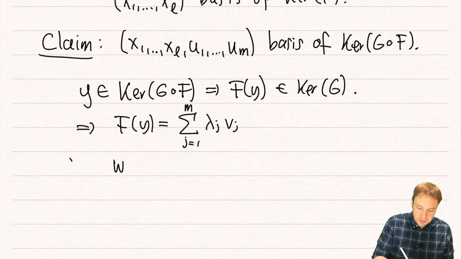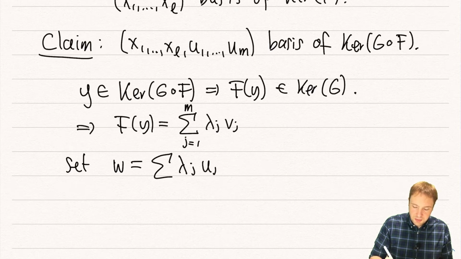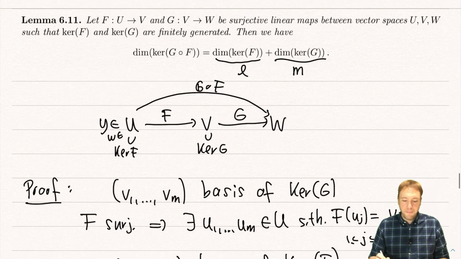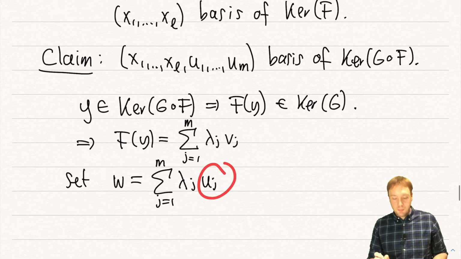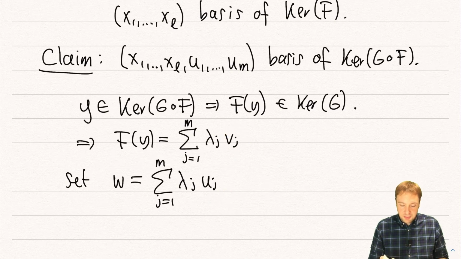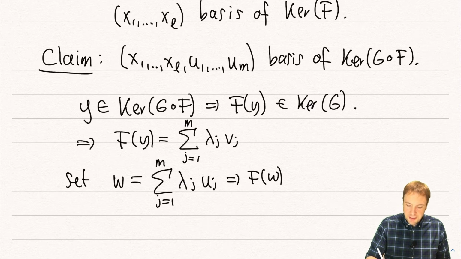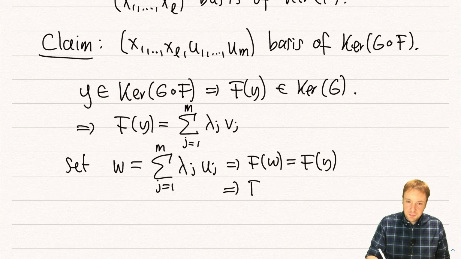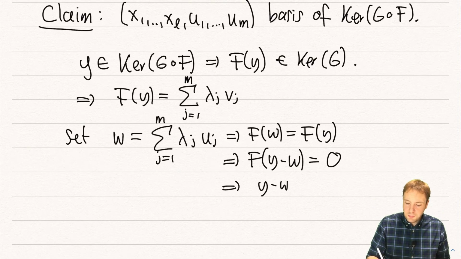So we set w to be the sum of lambda j uj. So this w is also in here. And recall that if we apply f to uj, then we get exactly vj. So if I apply f to w, I get exactly f of y. And because f is linear, this means that if I apply f to y minus w, I get 0. Or in other words, y minus w is in the kernel of f.